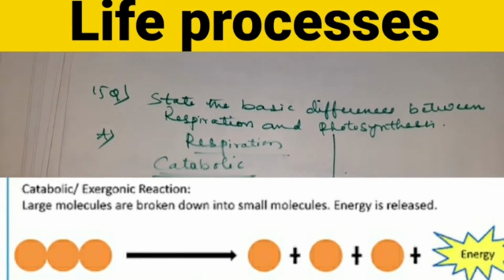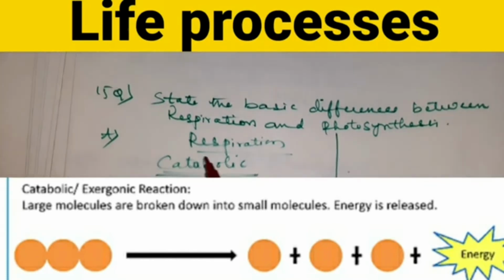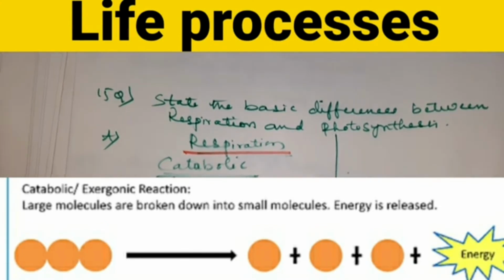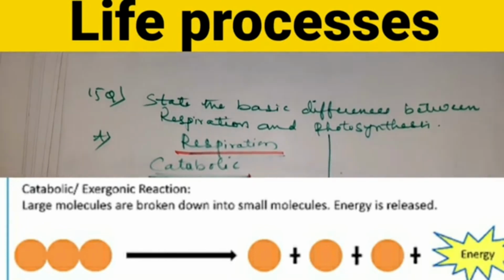Here the glucose is broken down into small molecules to release energy. This we call respiration. And this respiration we call a catabolic or exergonic reaction.